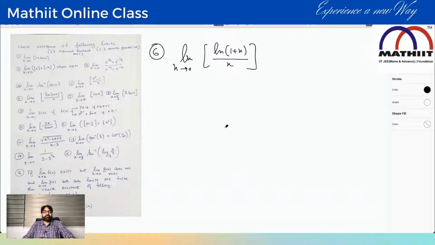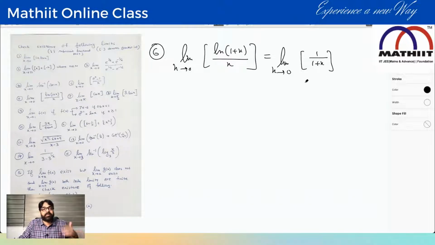Am I right? Now again, if I put 0, it's a 0 by 0 form. I will not check right now. First, I will convert it to determinate form. So this limit either exists or does not exist. This limit will be the same as 1 by 1 plus x. Sir, how? L'Hospital's rule: ln(1 plus x) differentiates to 1 by 1 plus x and x differentiates to 1. So this is key.